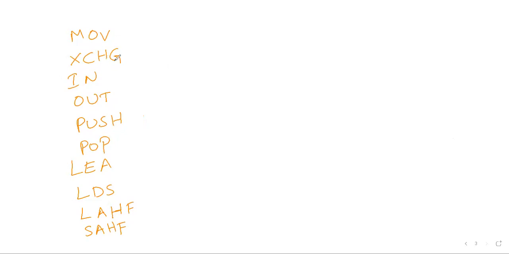Now exchange instructions. What is the difference between move and exchange? Let me explain with one example. Suppose AX is equal to 2500 hexa, BX is equal to 3500 hexa. This is before the instruction.